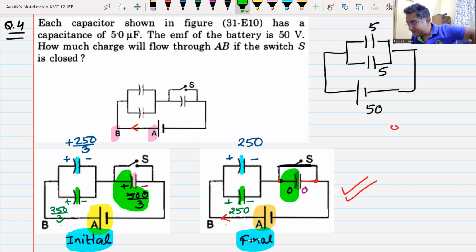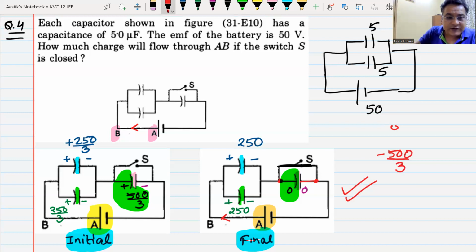How much negative charge would have flown? Minus 500 by 3 would have flown. That is the answer. Minus 500 by 3 charge has flown from A to B.